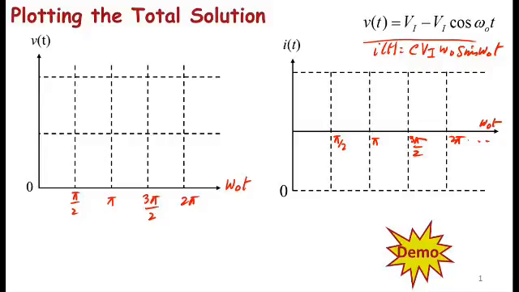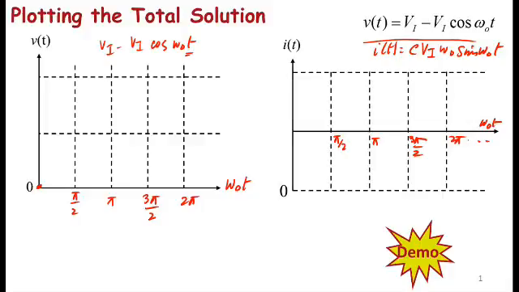Okay, so let's start with my voltage. So the voltage is Vi minus Vi cosine of omega naught t. So when t is equal to 0, cosine omega naught t is 1. So Vi minus Vi then becomes 0. So I get a 0 for t equal to 0.